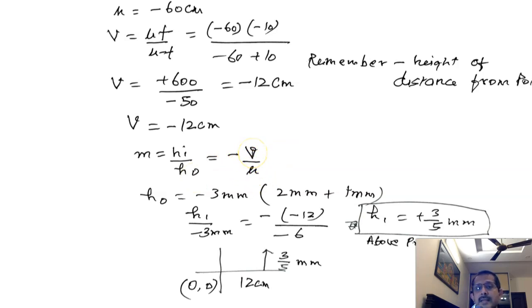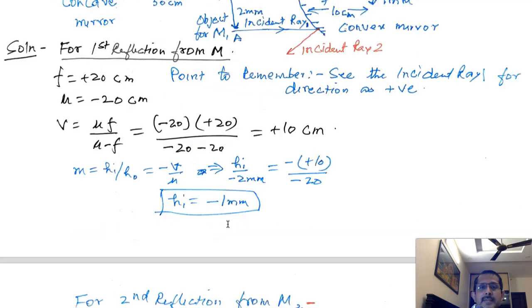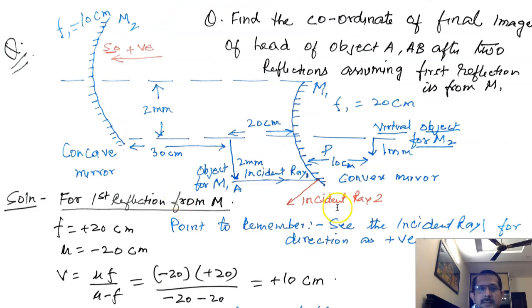Now remember one thing, and the most important thing in the entire question, is that here ho would be minus 3 mm. Look at these mirrors. This is 1 mm, and now we are talking about this mirror, and this distance is already 2 mm.